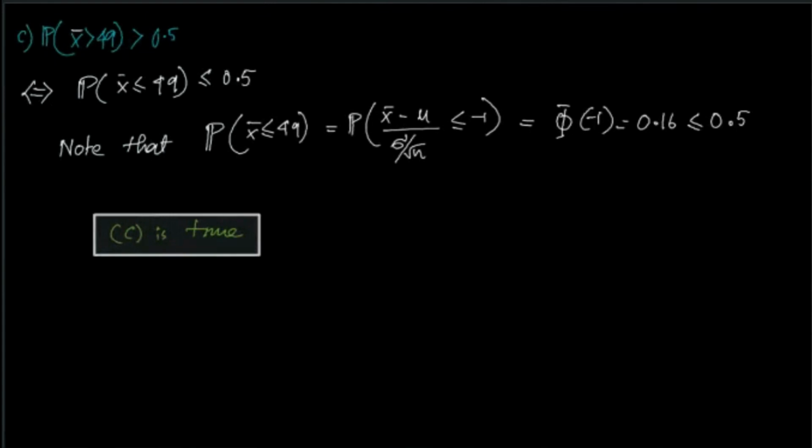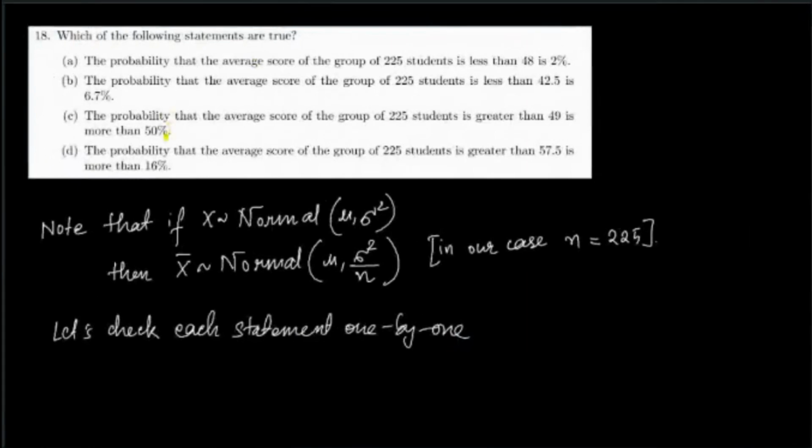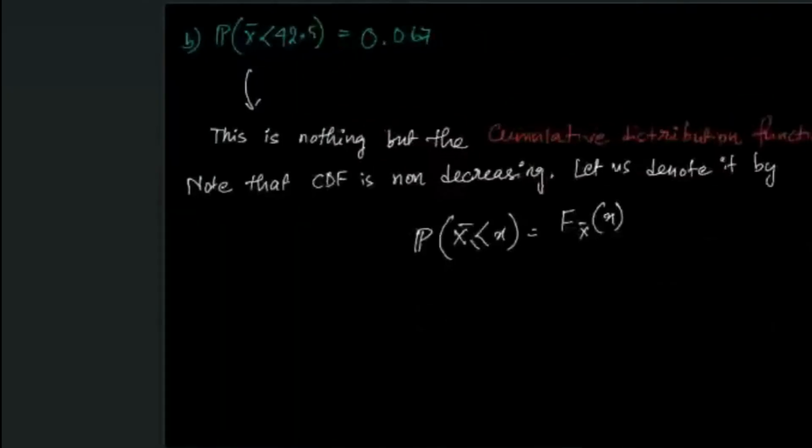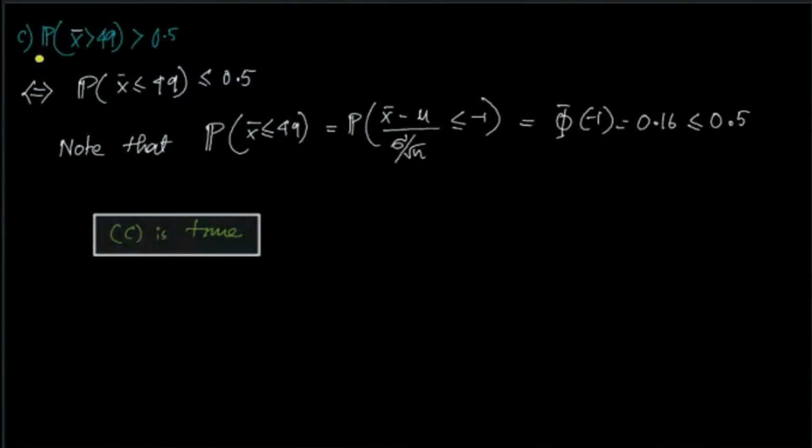Moving on to the third statement, we have that the probability that the average score is greater than 49 is more than 50%. Let's again write this in probability terms: the probability of x bar greater than 49 is more than 0.5. Again, take its complement: the probability of x bar less than or equal to 49 is less than or equal to 0.5.